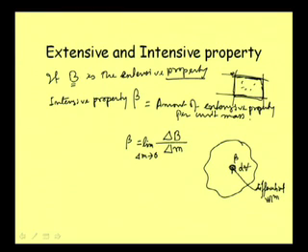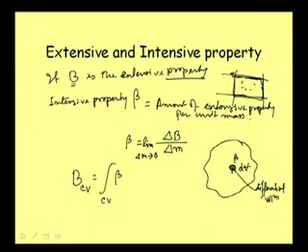Suppose we talk about the mass here, then what is the mass of the entire control volume? That we can find out: B of the control volume is equal to, we can integrate over the control volume, and beta is the intensive property, that means that particular property per unit mass.